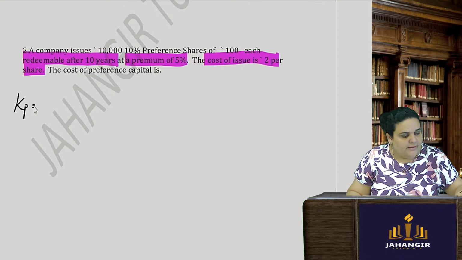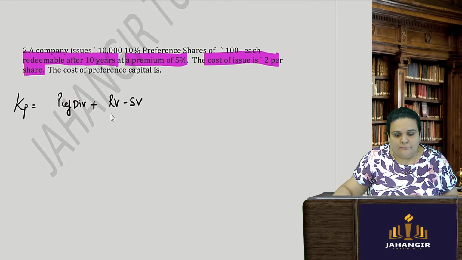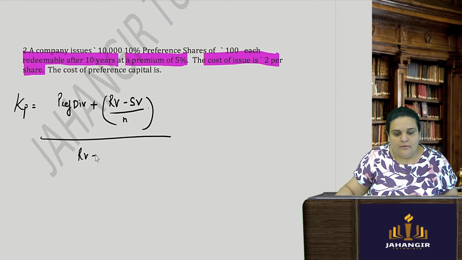So here I am going to give them the preference dividend, plus I am going to give them the extra premium, the whole thing upon (RV plus SV) upon 2, the average.